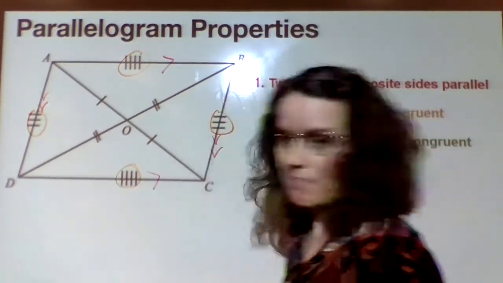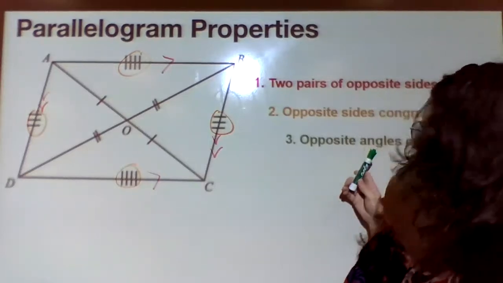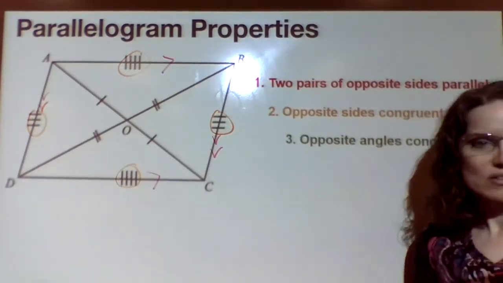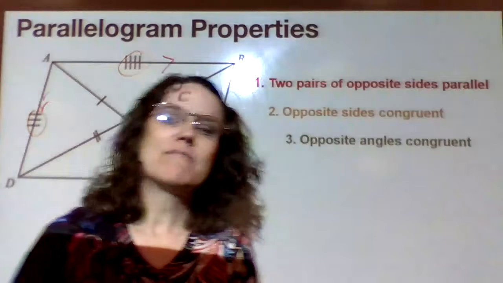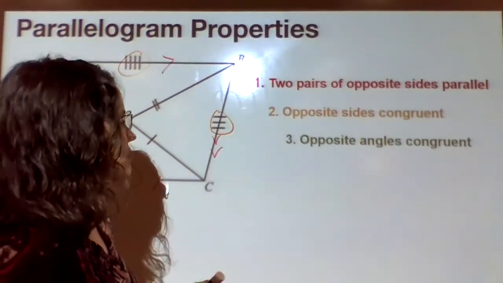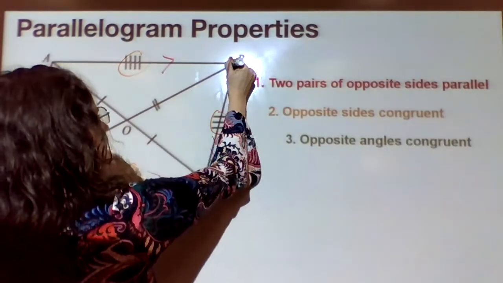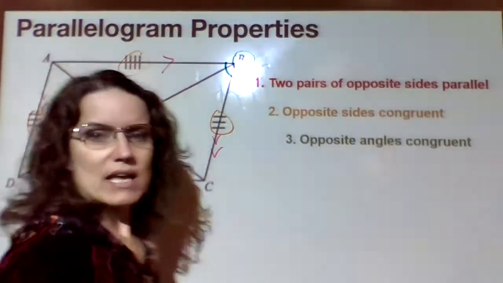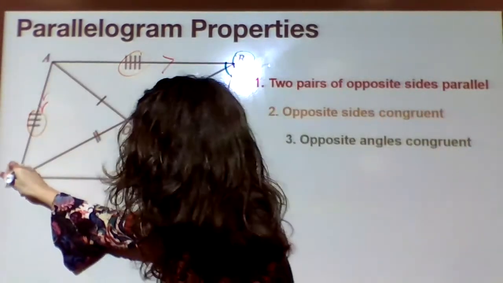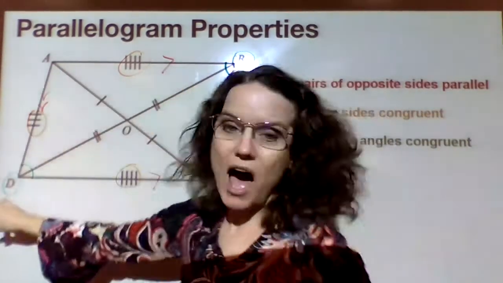And then the third thing that popped up, because I can't control my mouse, is that the opposite angles are also congruent. And this may have been something that you already had figured out on your own as well. This angle B up here in this corner is always going to be the same as the one directly opposite to it.